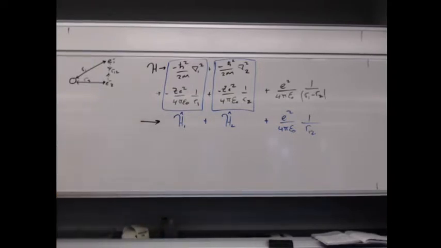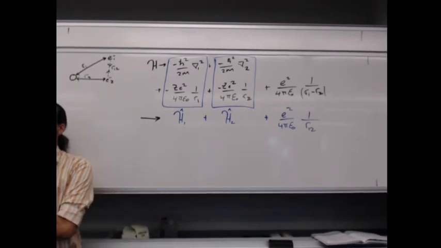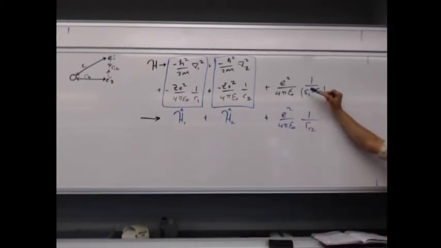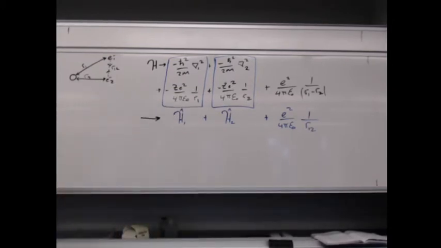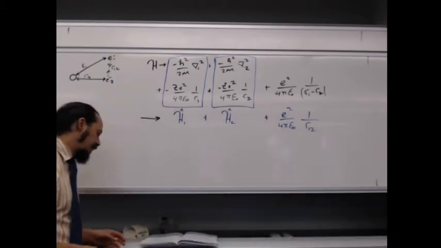That's what made it so it solved nicely. We saw that when we were doing our rigid rotor and separating our rotation versus our tilt. And then we saw it again in the hydrogen atom where we were able to separate R, theta, and phi. However, when we look at this term, this 1 over the absolute value of R1 minus R2, there's actually no way to simplify this. We can't use separation of variables. This is going to create some problems for us in terms of what we're able to do.